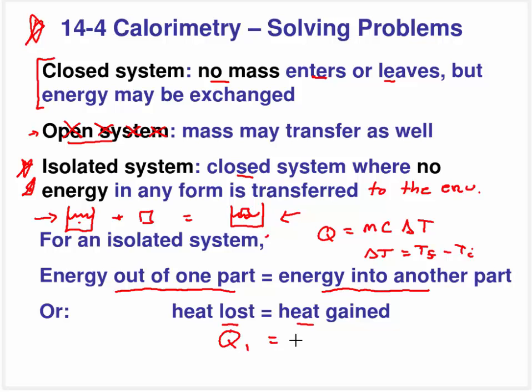So Q1 must be equal to Q2. But keep in mind the key word here is lost, so this energy is going to be negative. I like to write this personally as the sum of Q's must be equal to 0. No heat can enter or leave the system, and so Q1 plus Q2 are going to be equal to 0. Therefore Q1 must be equal to negative Q2.